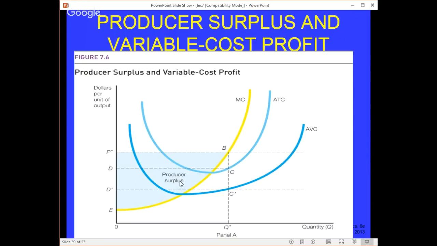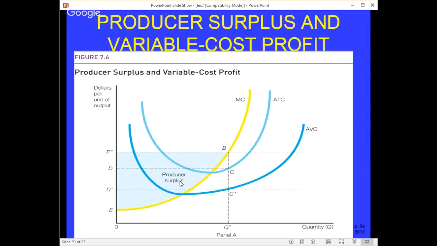So if I drew it with a linear marginal cost curve, the producer surplus would just be that triangle. That's producer surplus.